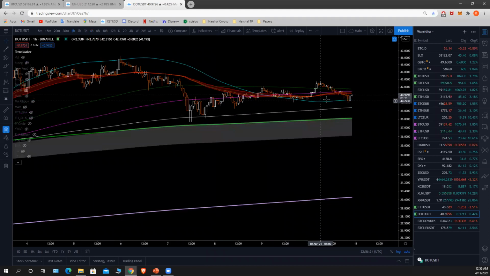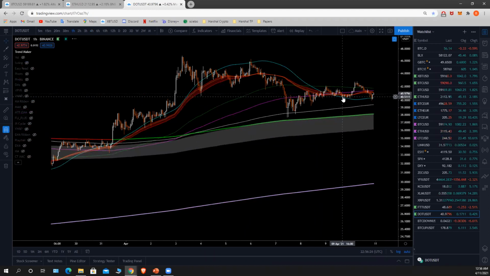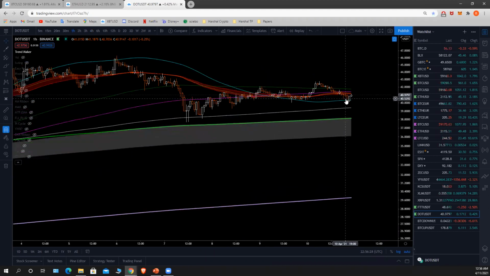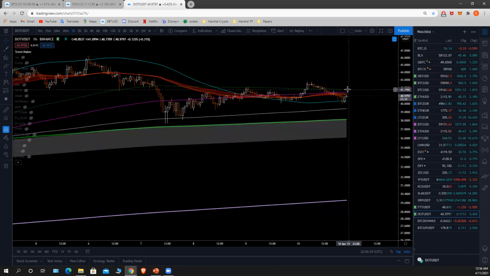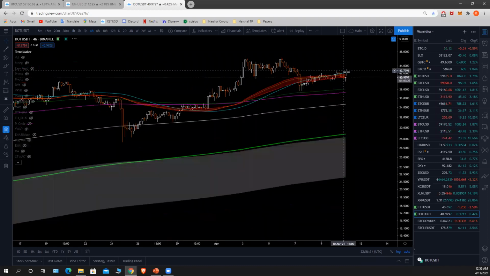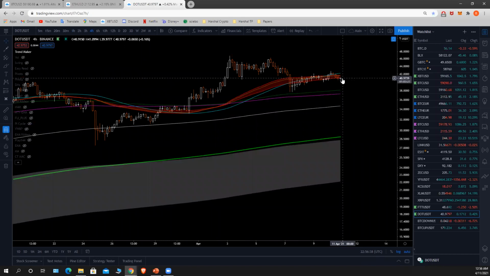On 1 hour also we are under the Trend Maker ribbon. So yeah, overall I think we have $41 as a very nice area. Here also we have around 42. So as long as Dot is under 41, I will not be very confident on taking a position on this. If it breaks above the $41-42 area, then I think it will rip up pretty well.